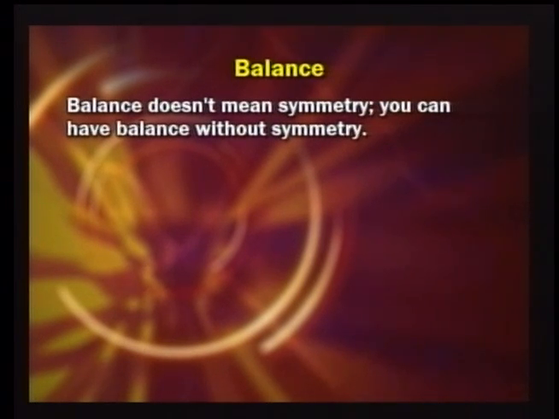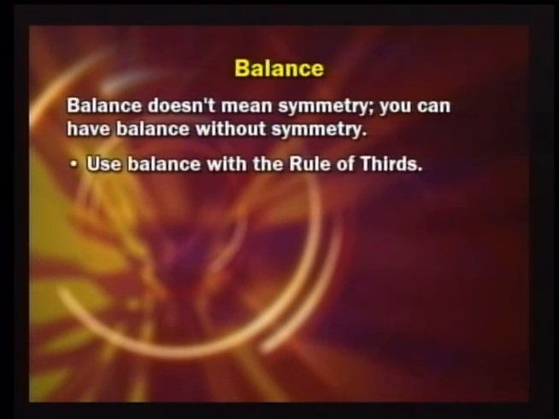If you've got a picture that has a large object on one side, you probably want to have something on the other side, but it doesn't have to be another large object. You just want something that equates the balance a little bit. If you follow the rule of thirds when you're taking pictures, that automatically conveys at least some sort of balance if you're including objects in the picture on the third lines.